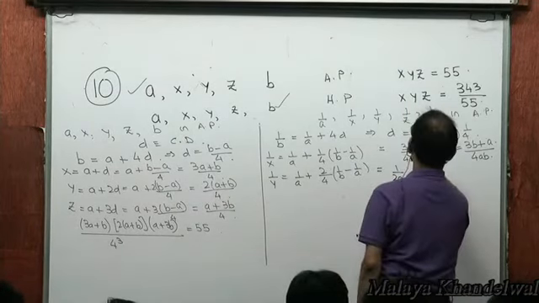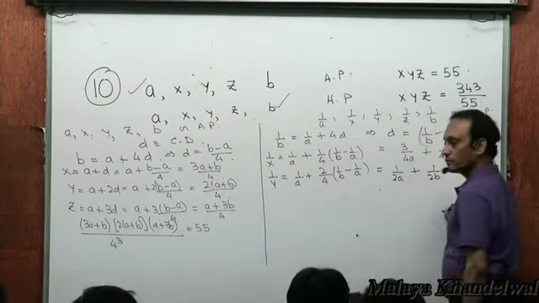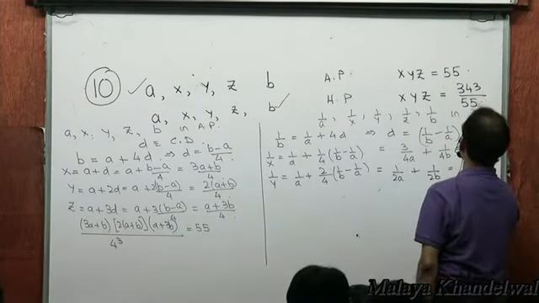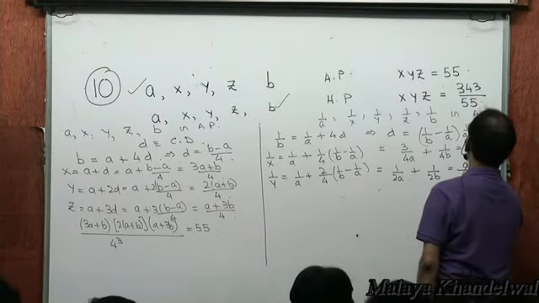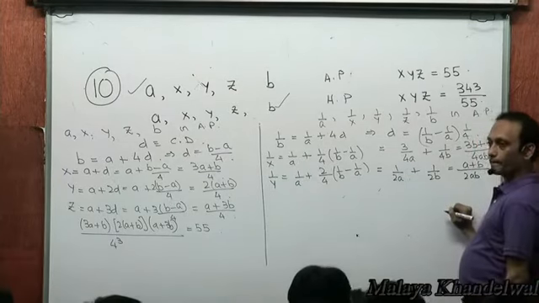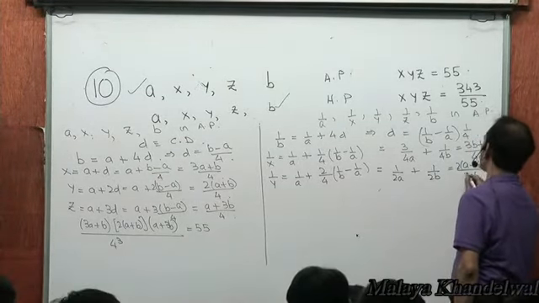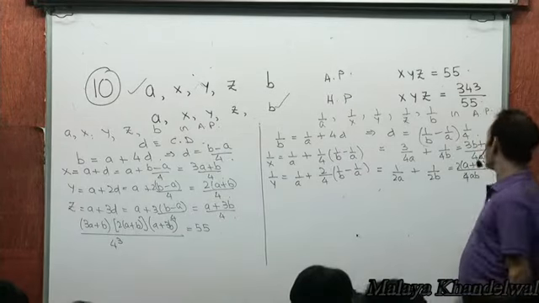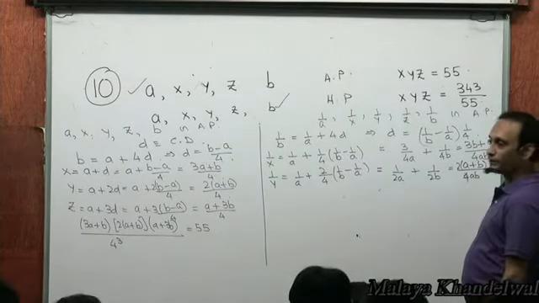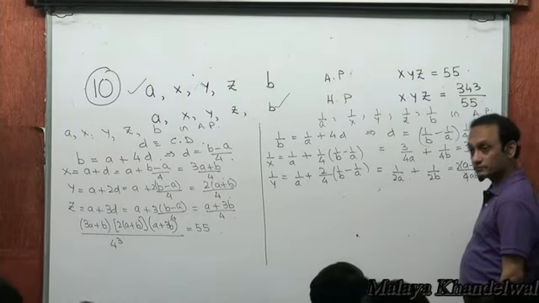Plus 1 by 2b, which is (a plus b) by 2ab, which is like (2a plus 2b) by 4ab, just to bring the same denominator in all of them. 2 into (a plus b) by 4ab, that's 1 by y.